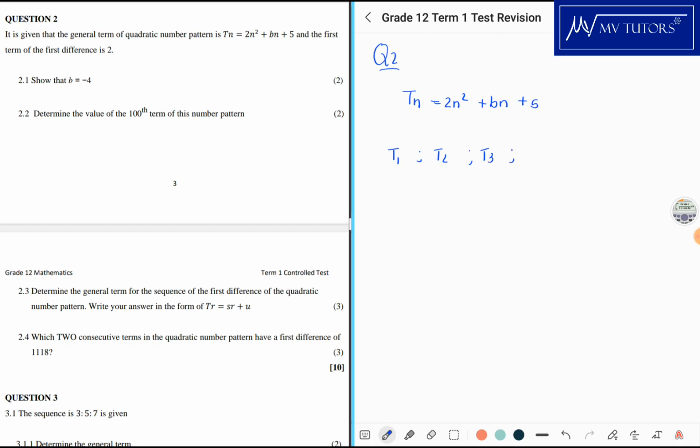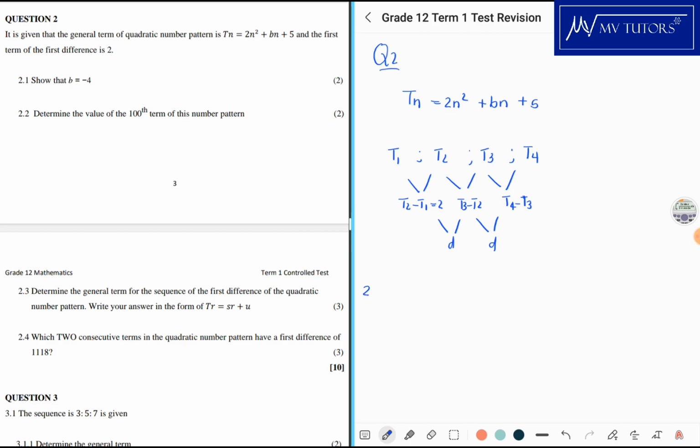We don't know what they are. And then this is going to be t2 minus t1. That's t3 minus t2. And that's t4 minus t3. Okay, and they tell us that the first term of the first difference is 2. So basically, t2 minus t1 is 2. All right, and then here we're going to have the common difference. I'm just going to put it there as D. This is our quadratic pattern.